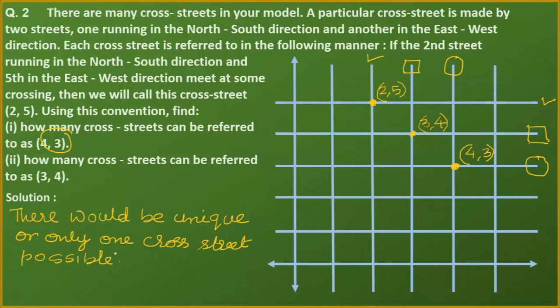So we can say that only one street can be possible.